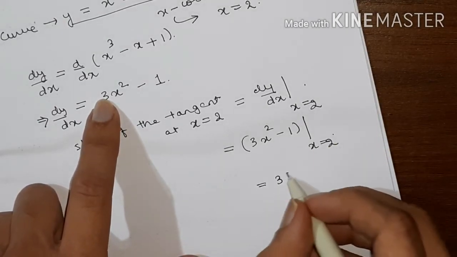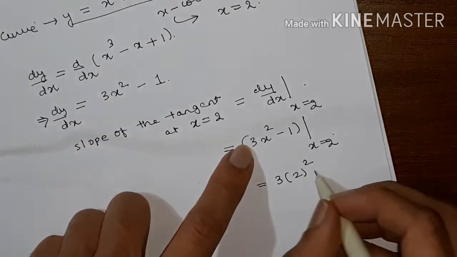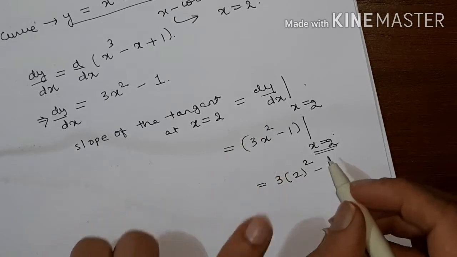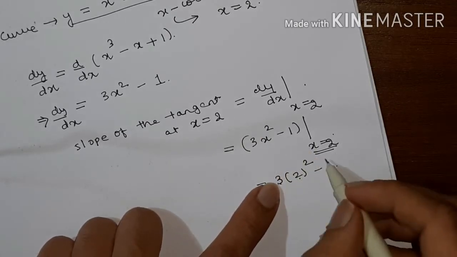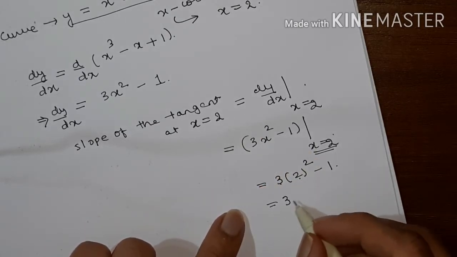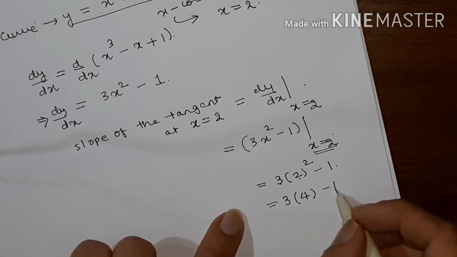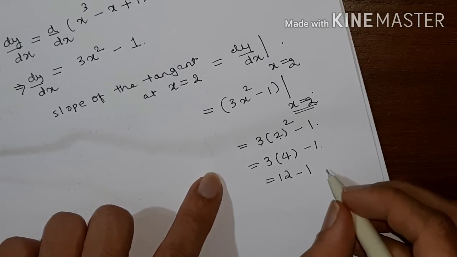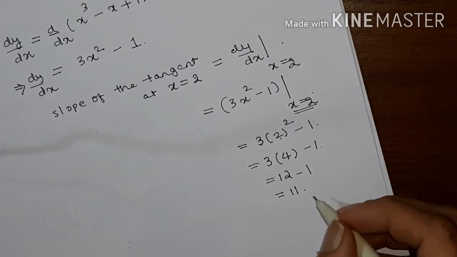Just substitute x equal to 2 in this. So 3 times 2 square minus 1, which is nothing but 3 times 4 minus 1, so that is 12 minus 1, which is nothing but 11.